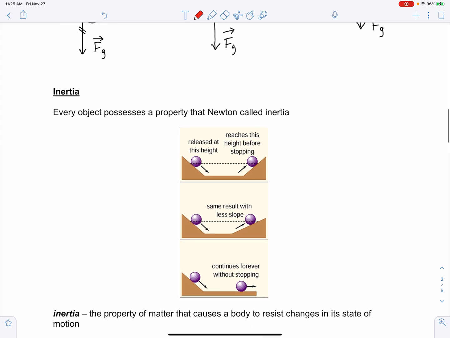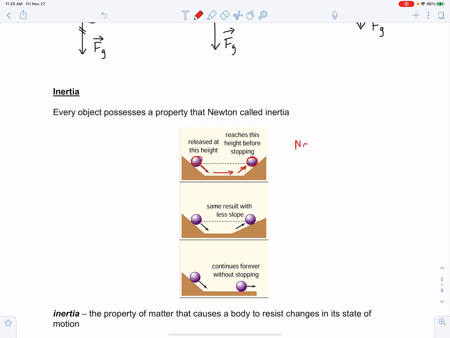You can't study forces without introducing the concept of inertia. Every object possesses a property that Newton called inertia. Let's imagine that we release the ball, so it travels down a ramp, across the ramp, and is allowed to go back up the other side.